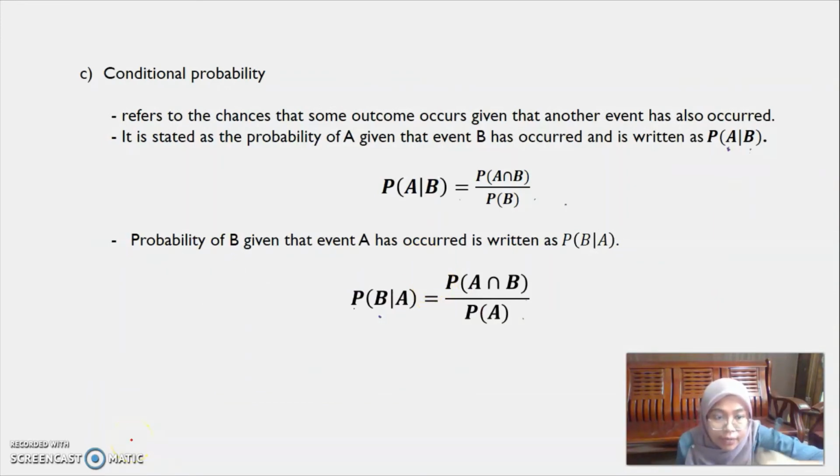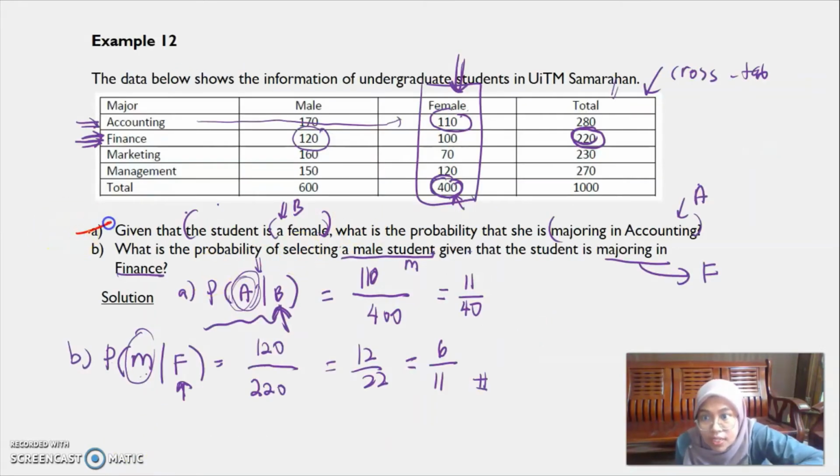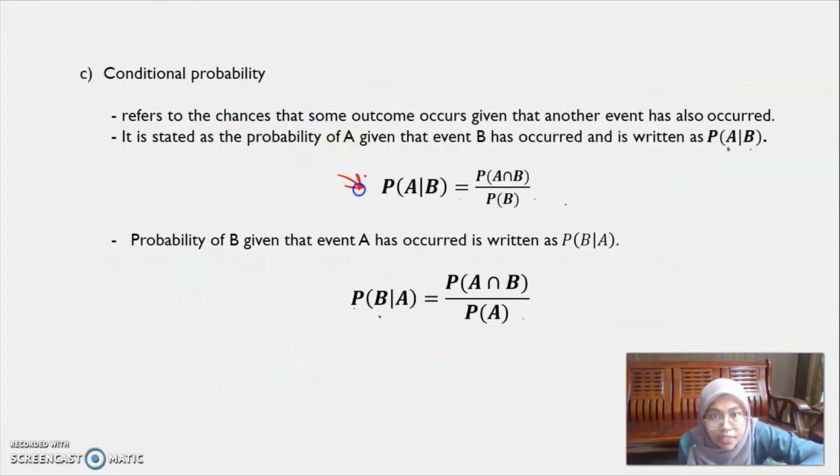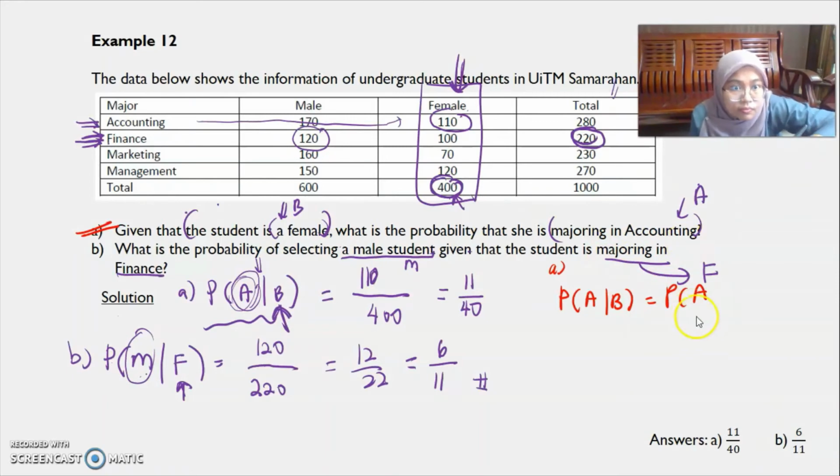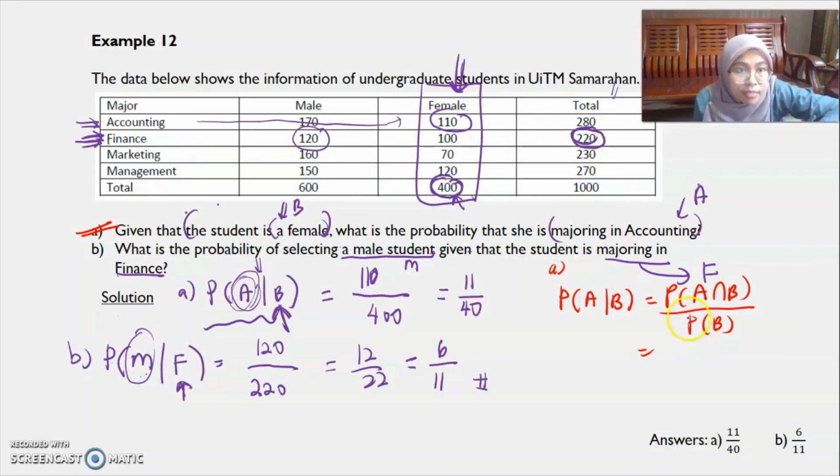Let's say now I want to use the formula for question A, to figure out the probability of A given B. The formula is the probability of A intersect B divided by the probability of B. So what is the probability of A intersect B? A intersect B means A and B occur at the same time.